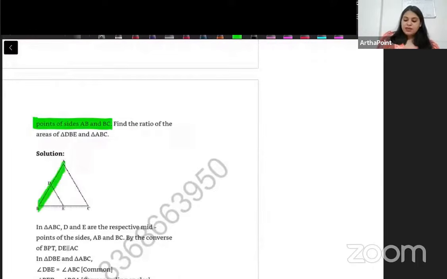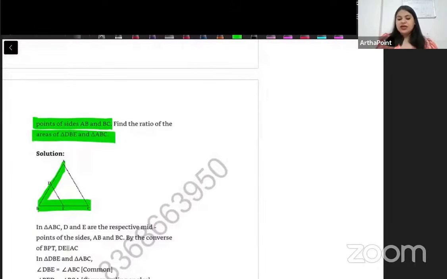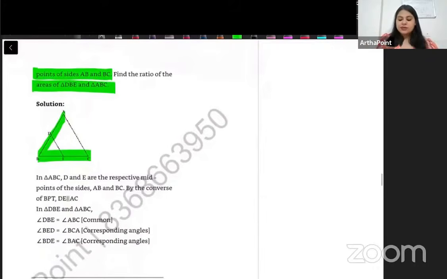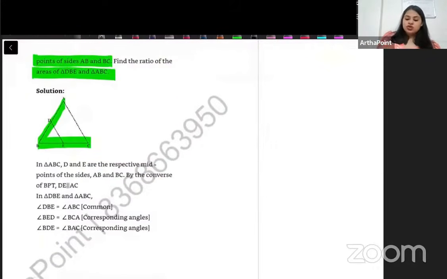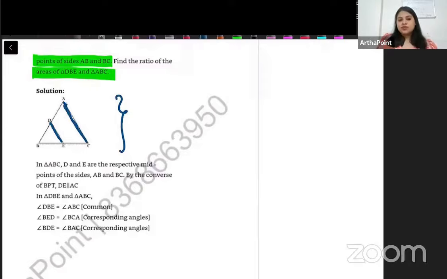So I have AB and BC and their midpoints are given as D and E. It says find the ratio of triangle DBE and ABC. So just think about it. D and E are respectively midpoints of the sides AB and BC. So from our first theorem that I told you, this means that DE will be parallel to AC.